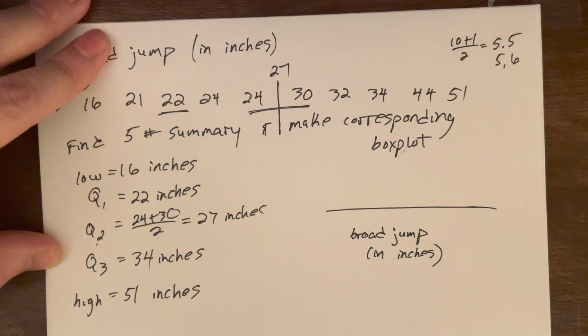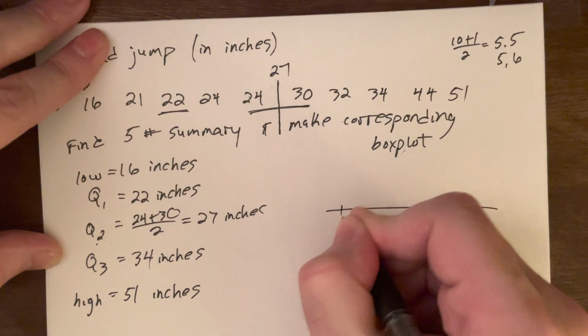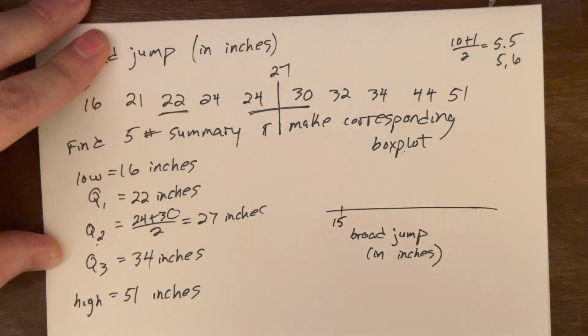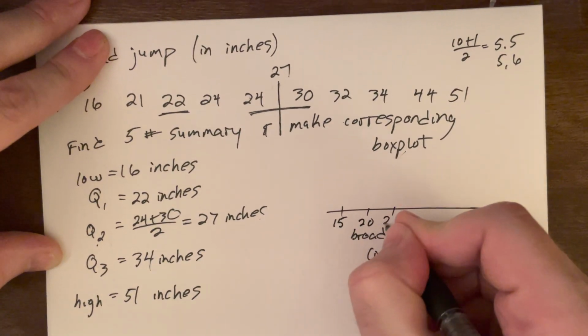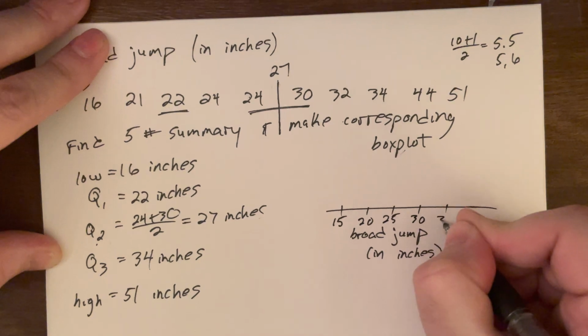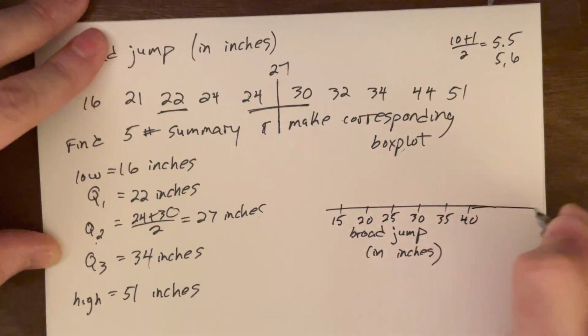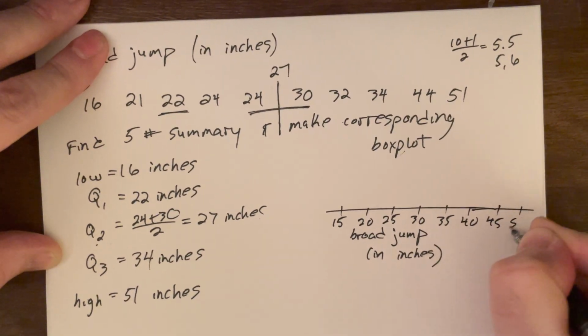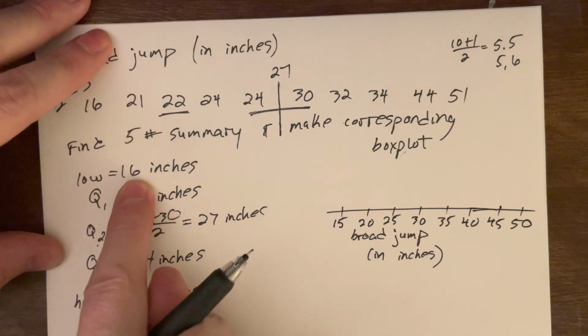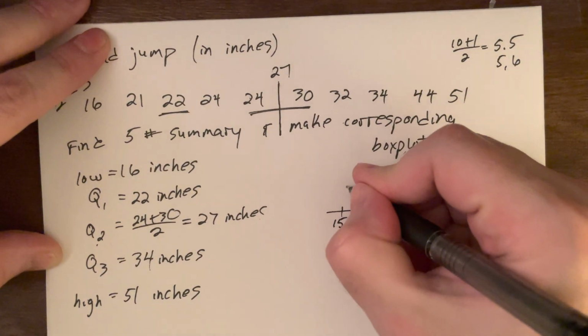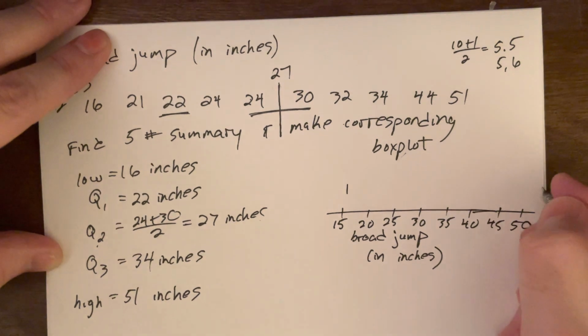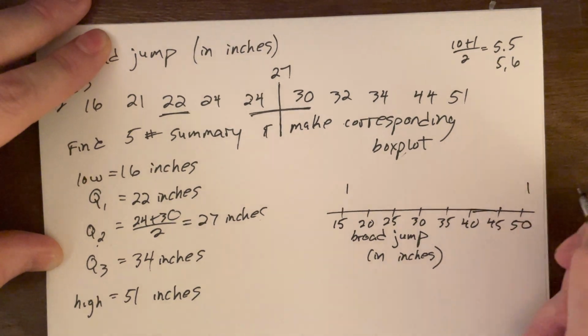A lot of us like 10s, 5s, things of that nature. So it's perfectly fine to start here at 15, and I'll go by 5s: 20, 25, 30, 35, 40, 45, and 50. 16 just above the 15, little dash. 51 just above the 50, little dash.